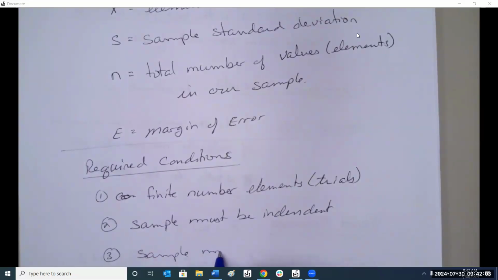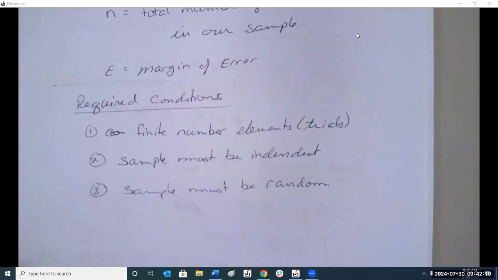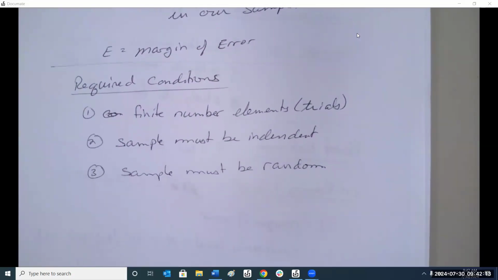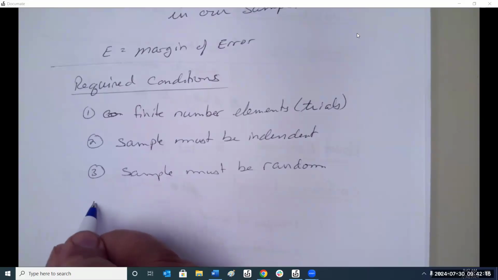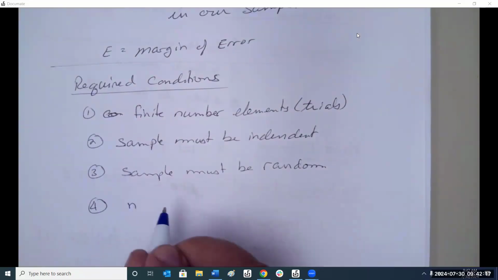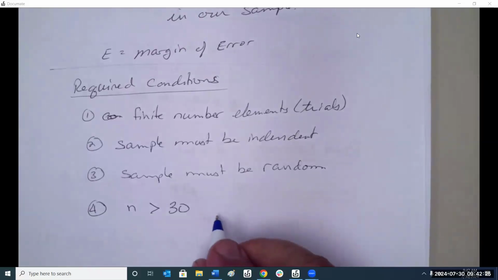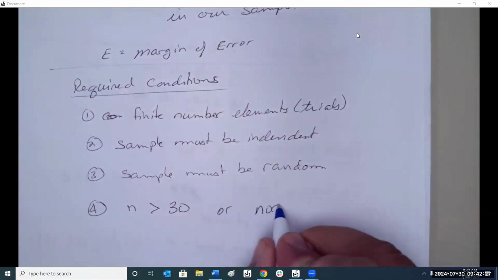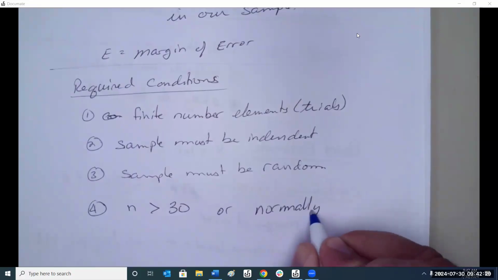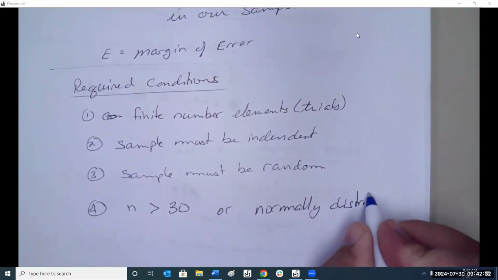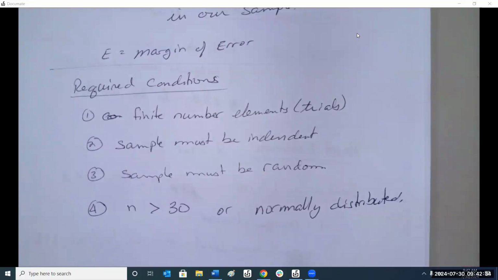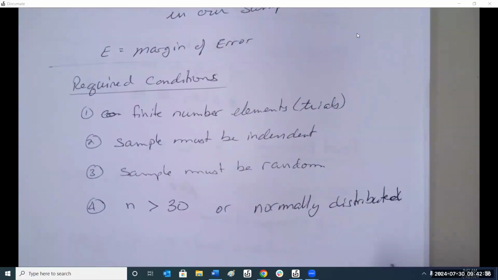The sample must be random. And the last one is n has to be bigger than 30, or normally distributed. What does normally distributed mean?